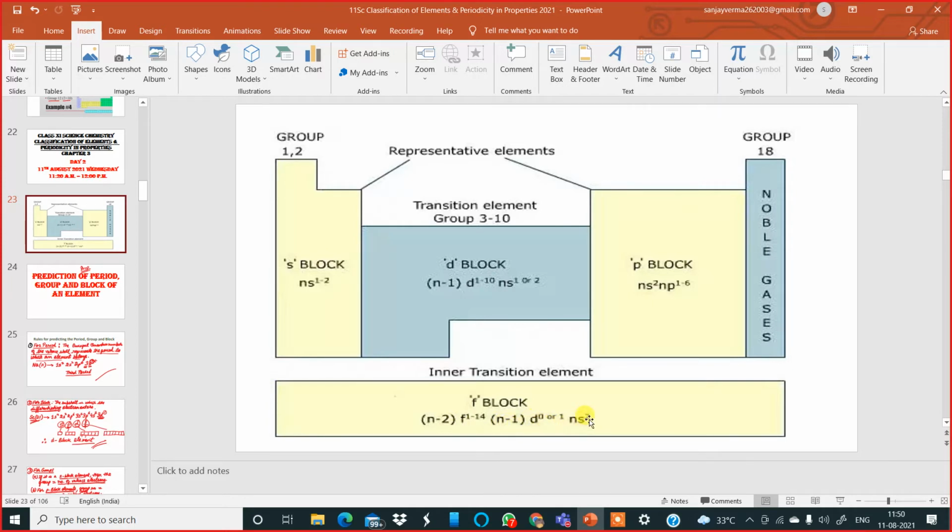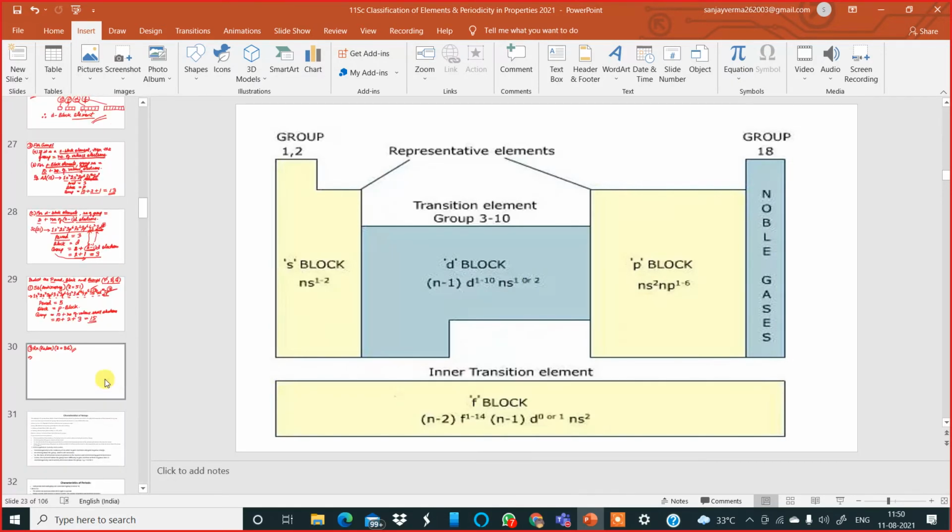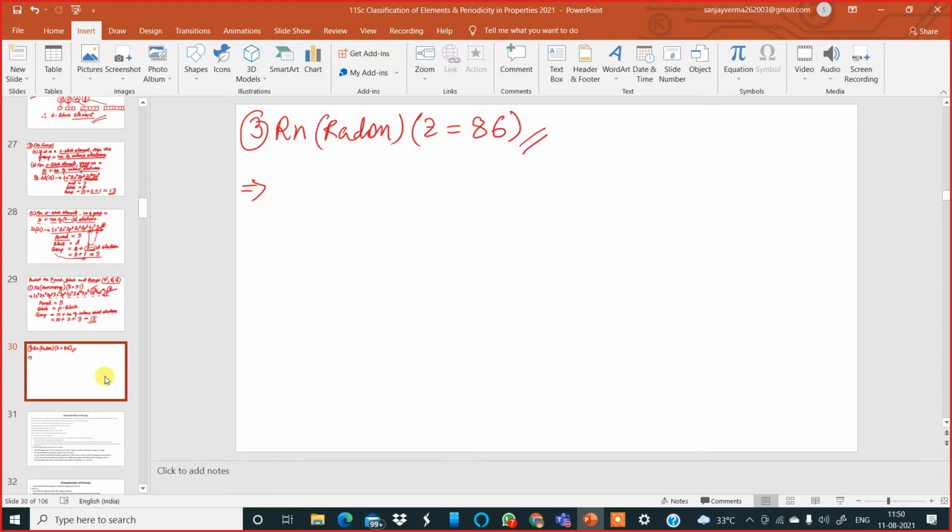But as far as I know, over the last 10 or 11 years, questions for predicting f block elements have not been asked. They'll ask you questions for s block, d block or p block prediction with regard to the period, group, and the block. Okay, now come to the present question. Is that clear, Rohan?